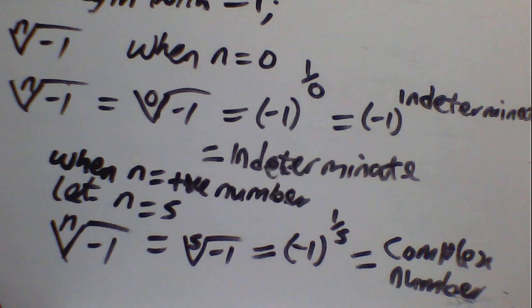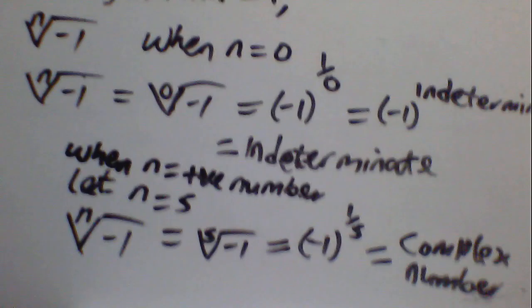So in this case, for a positive number, we choose n equals 5. If you put it in the nth root of minus 1, resolving this, we will get a complex number. So that is it. This is for the nth root of minus 1.